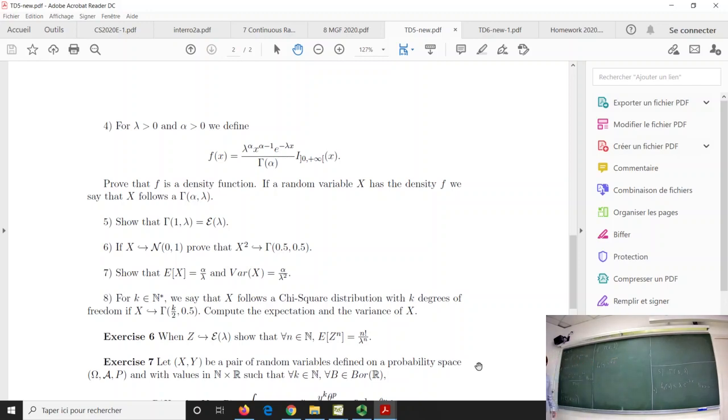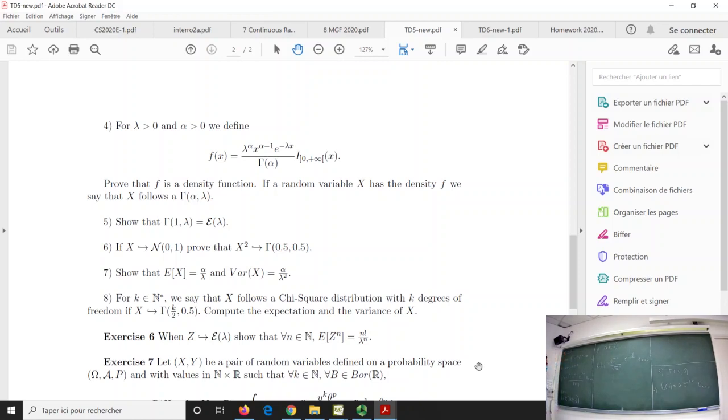So I have, this way, the square root of 1 over 2. Then I have x to the power 1/2 minus 1, that is this one here. Exponential of minus x over 2, because lambda is equal to 1/2. Indicator function of x strictly positive.